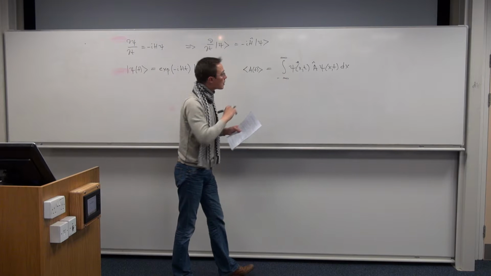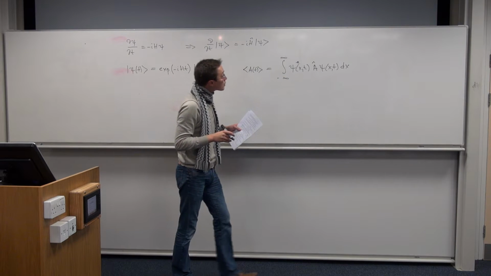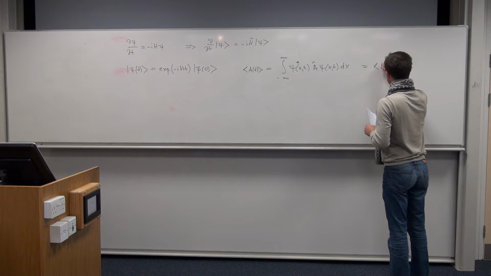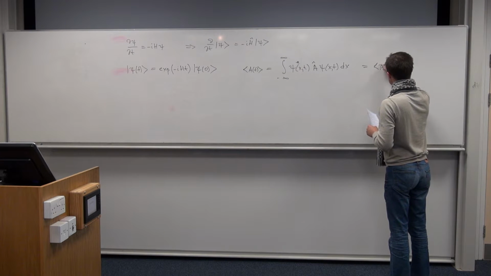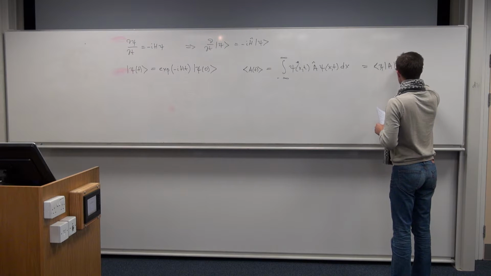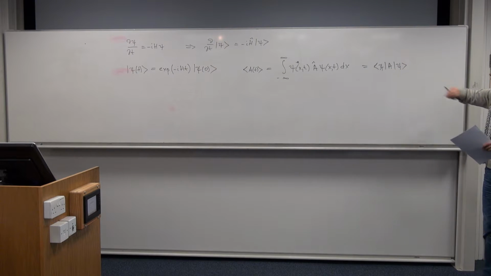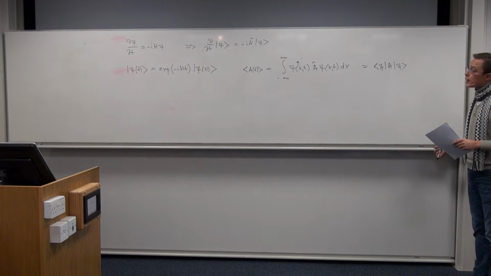X is just a coordinate or a collection of coordinates, which is shorthand in Dirac's notation like this: <psi|A|psi>. So this is the Schrödinger formalism that we all know and love.